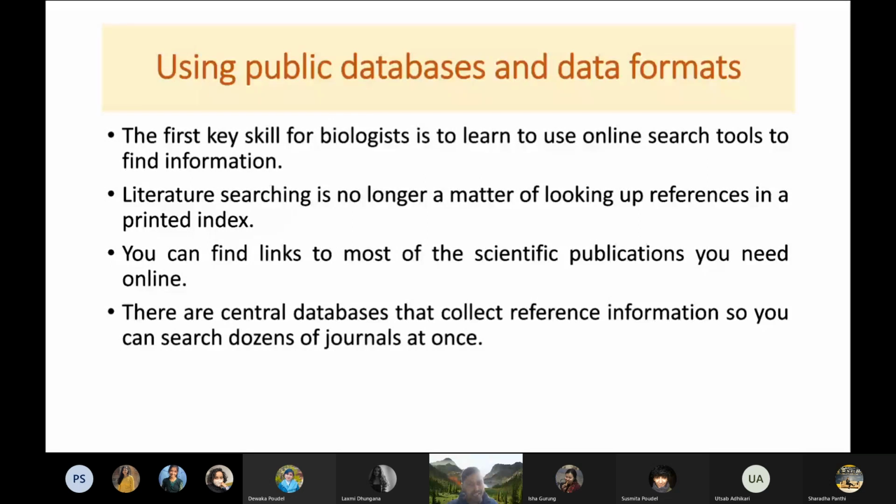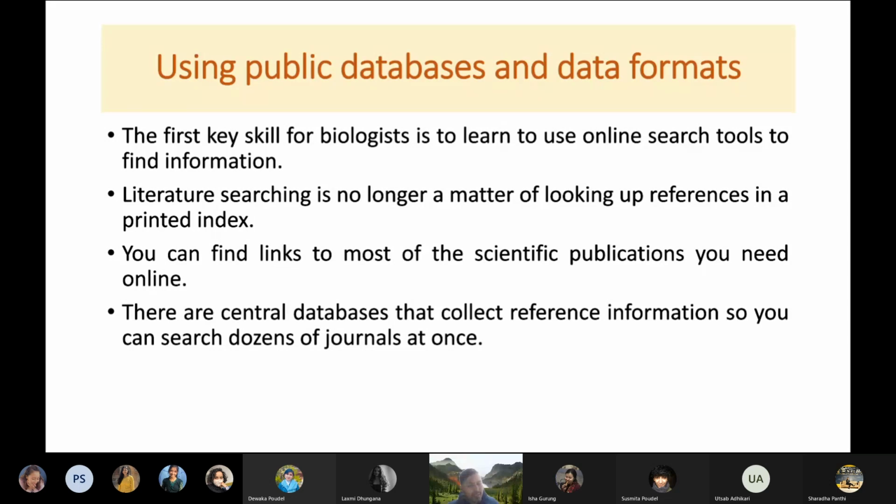But now that's not the case. Now, with the help of Google Scholar or PubMed, you can do the literature search in just a matter of time. You can have hundreds and thousands of journal papers relating to your field of inquiry. So you can find links to most scientific publications you need online.